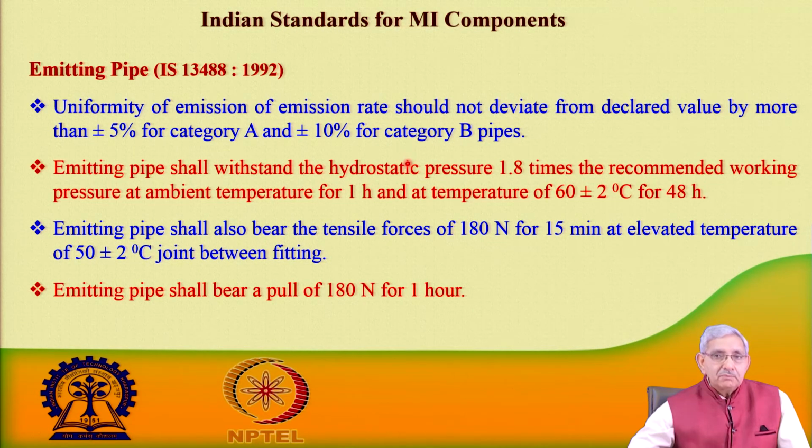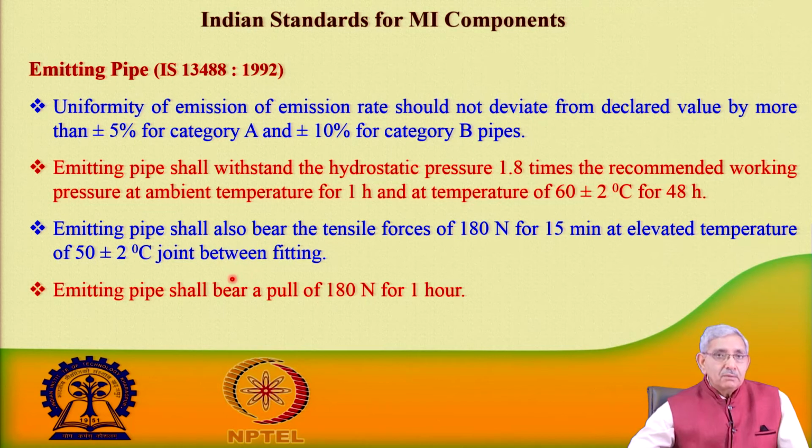This is the hydrostatic pressure, when water is flowing, and this is the tensile strength when the pipe is under certain tension. It should bear the tensile force of 180 Newton for 15 minutes at elevated temperature of 50 plus minus 2 degrees Celsius.